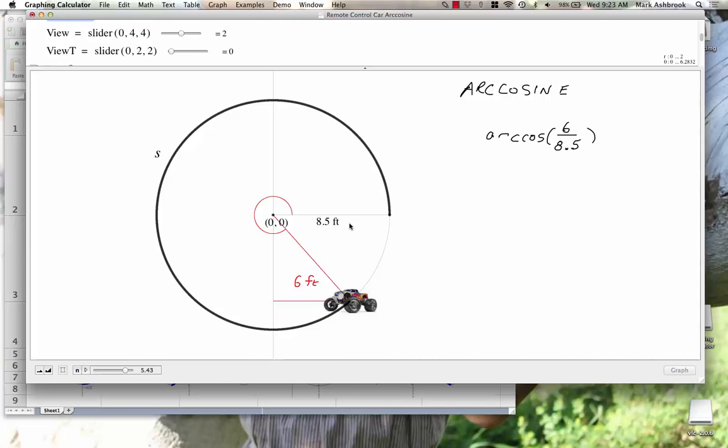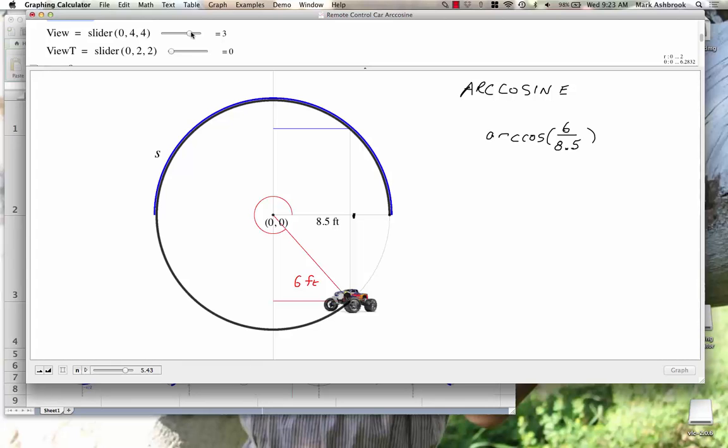So really, we're talking about this x-coordinate right here, right? 6 over 8.5. And so in the range of arccosine, it's going to think, oh, you want this, which angle do you want? It's going to think about it from 0 to pi, right?